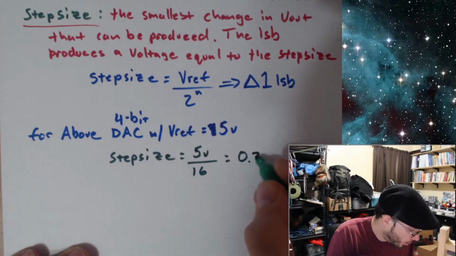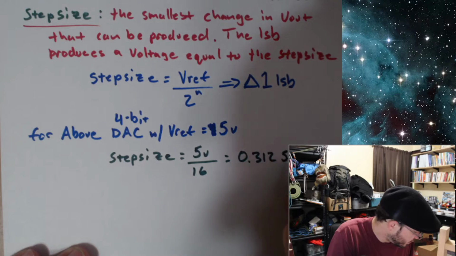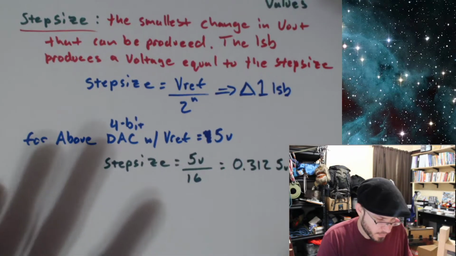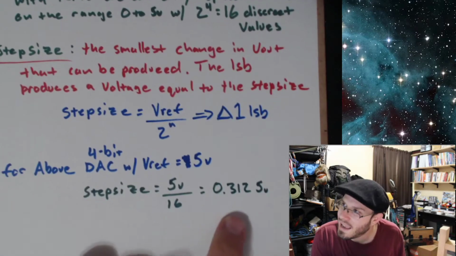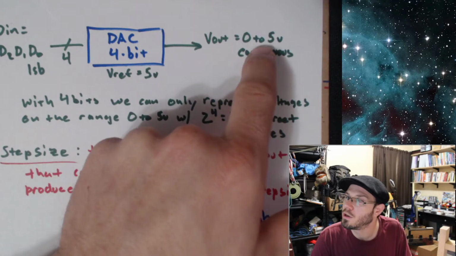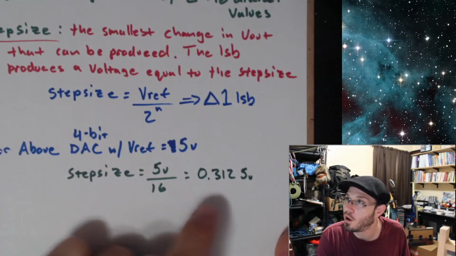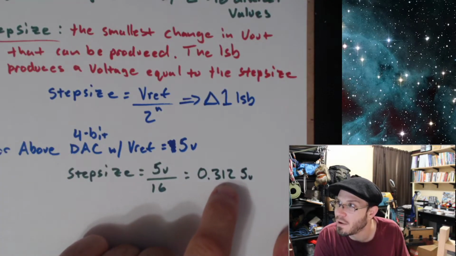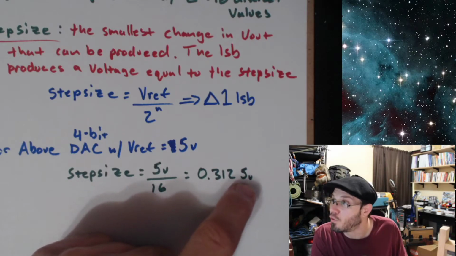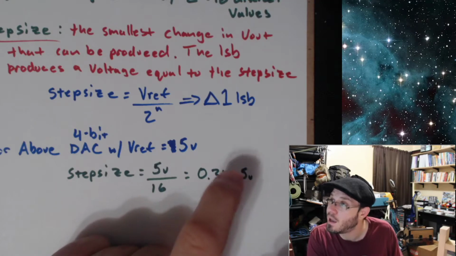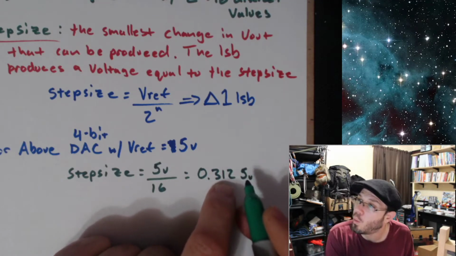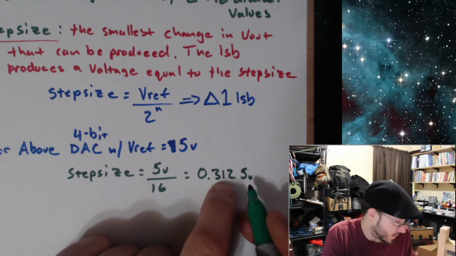Or in other words, 0.3125 volts. So I only have the granularity in a 4-bit DAC in order to produce voltages that are a multiple of 0.3125. Or in other words, a change of one least significant bit produces a change in voltage of our output by 0.3125 volts.